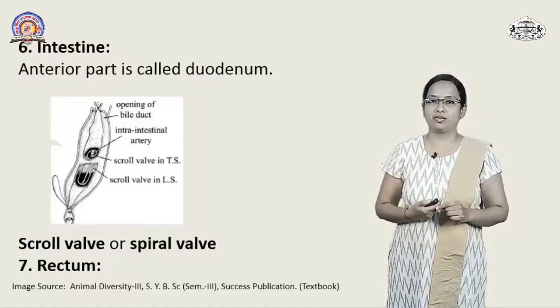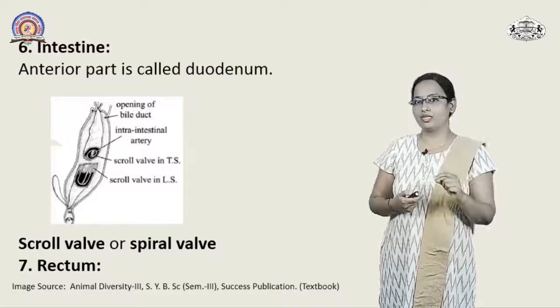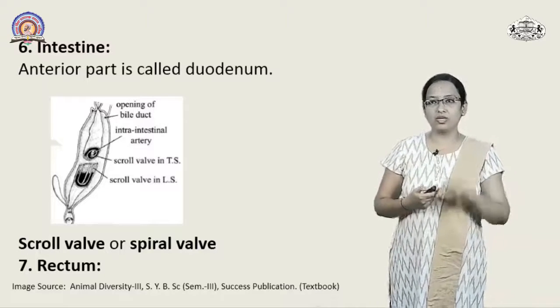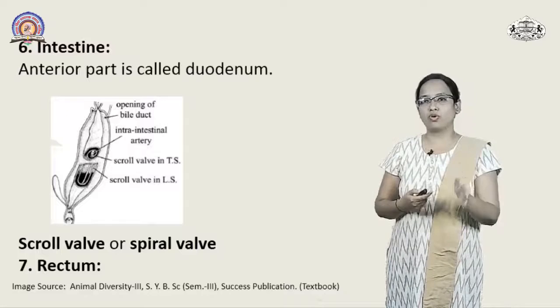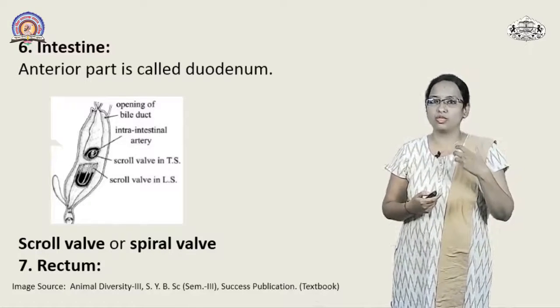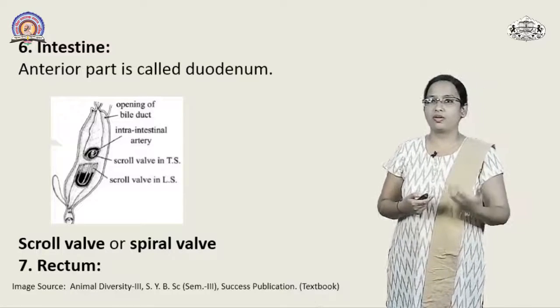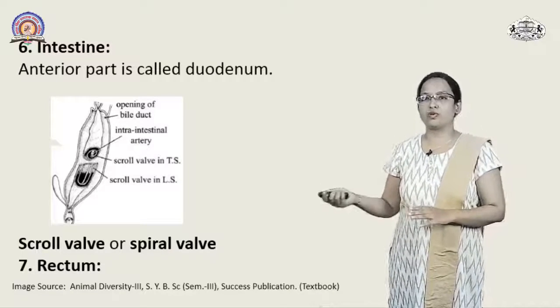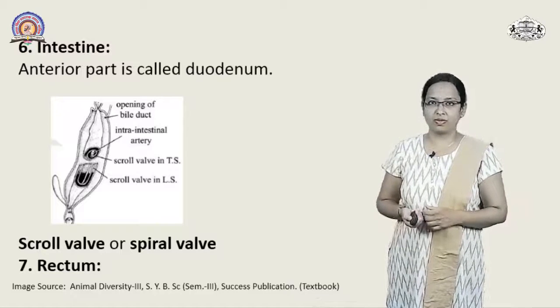Now this intestine is a very characteristic kind of intestine. The intestines of all sharks have a characteristic feature, which is a scroll valve or a spiral valve. In different kinds of sharks, different kinds of scroll valves or spiral valves will be present.